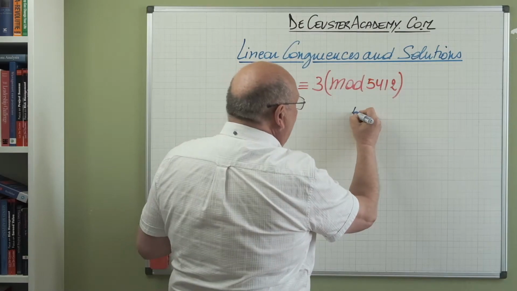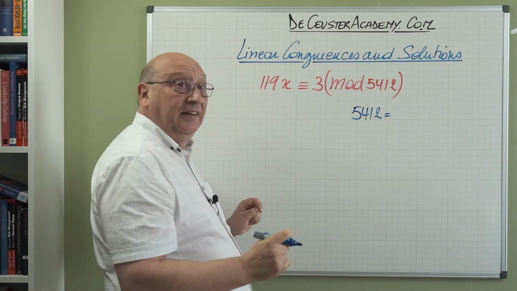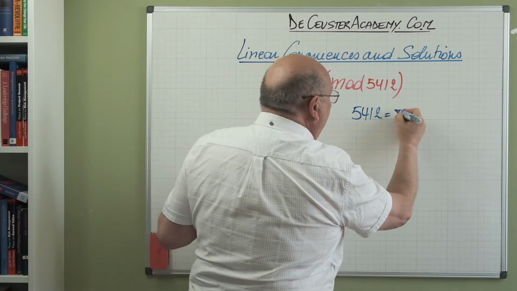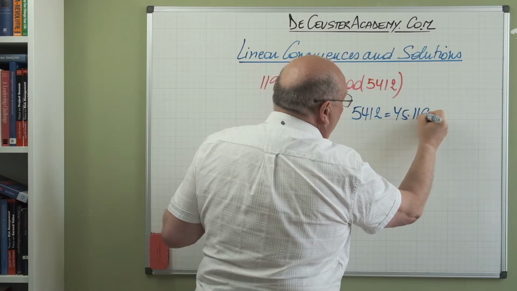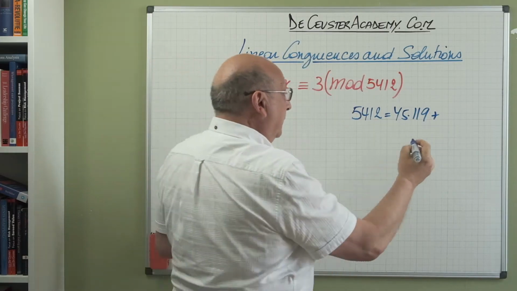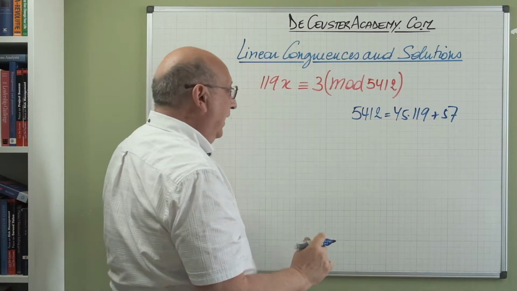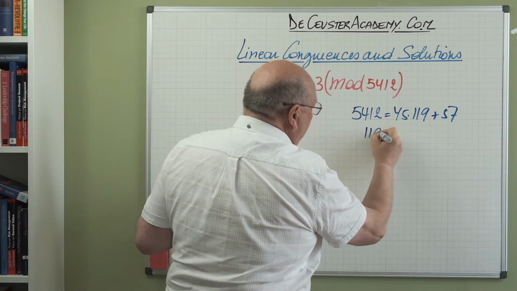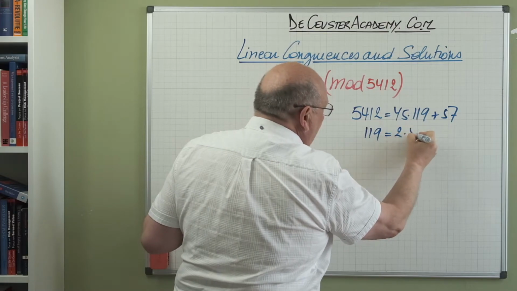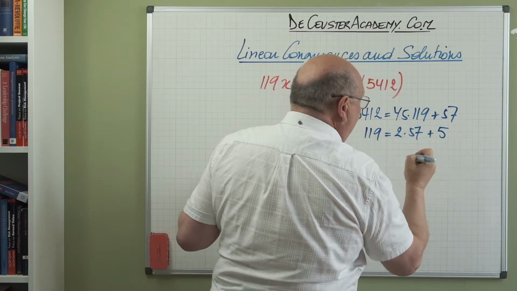So what I can say is that 5412 can be written as 45 times 119 plus a remainder of 57. We can continue with the Euclidean algorithm. Now we say 119 is 2 times 57 plus 5.